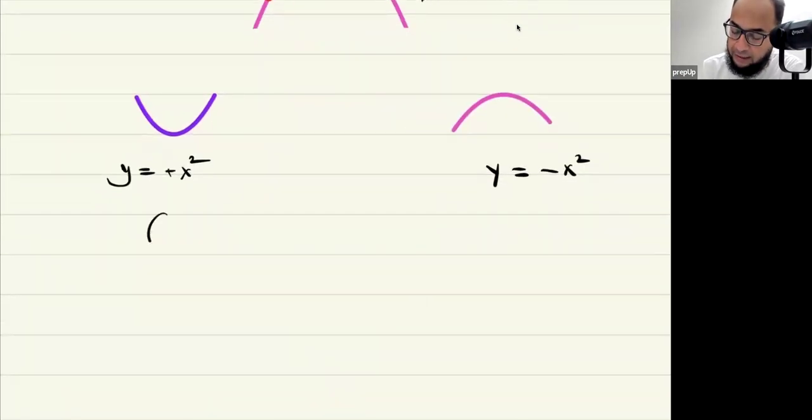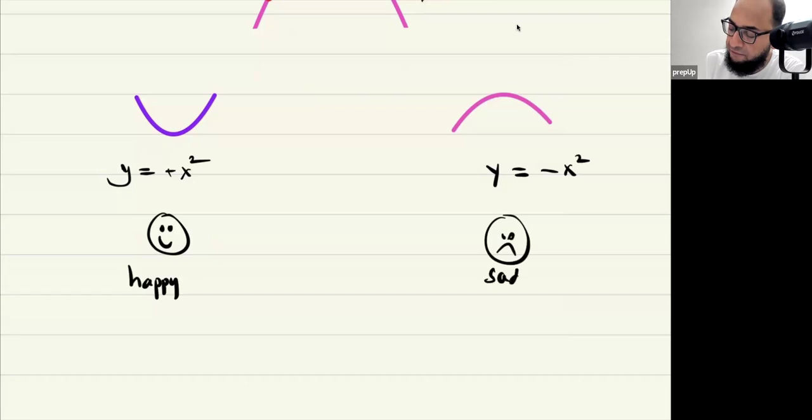This is like a happy face graph, and the other one is like a sad face graph. Okay, so that's how the graph looks, the happy face and the sad face.